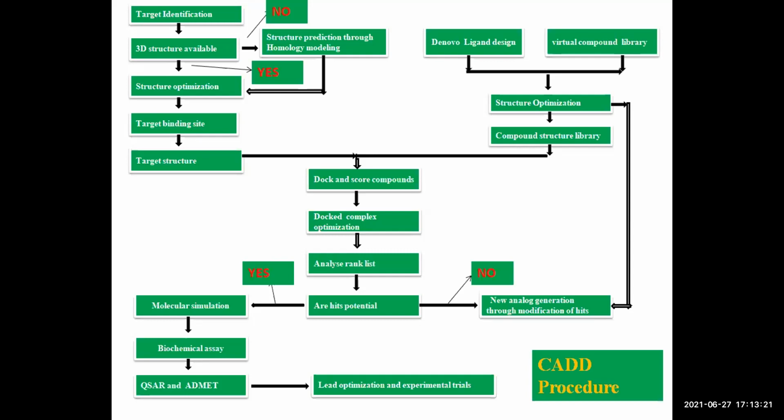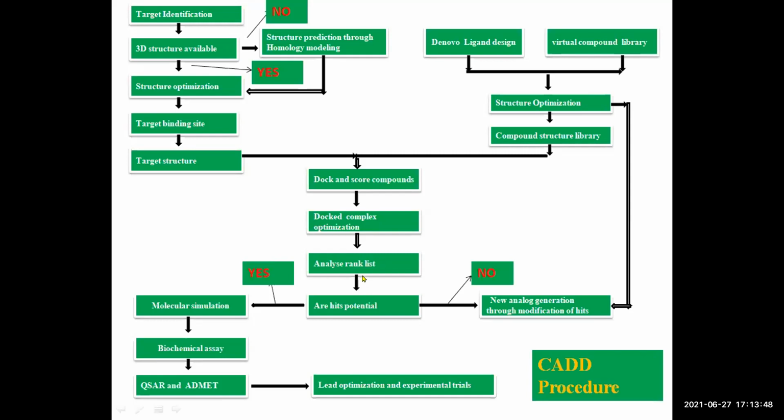After that, different sorts of optimization and structure minimization are done using different algorithms and scoring functions. After that, the conformation which fits the ligand into the receptor, into the active site residues, is selected, and further it moves on to producing hit molecules.